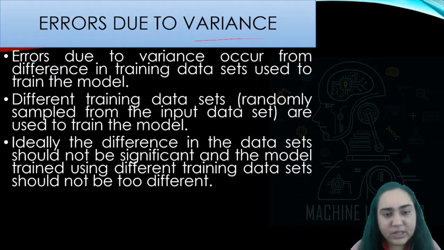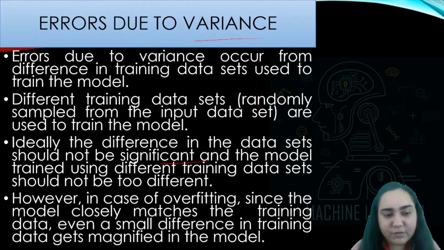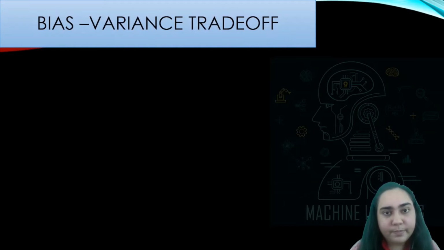The difference in data sets should not be very significant in the model because you're using the same data set, but sometimes it is very different. And this is the case that happens in overfitting. Since the model matches the training data, even if there is a small change in the training data, that change will get magnified in the training of the model.